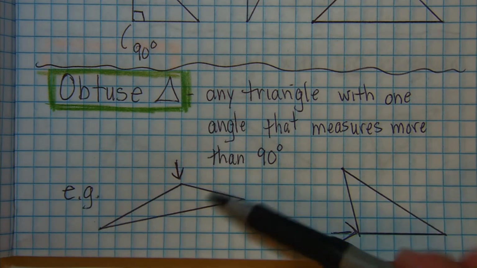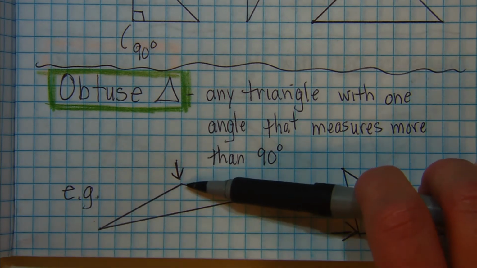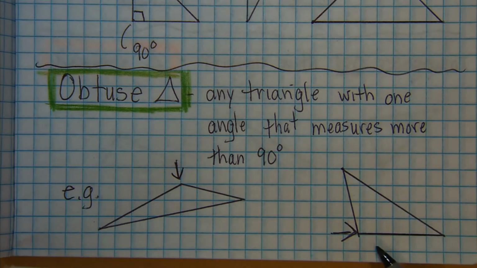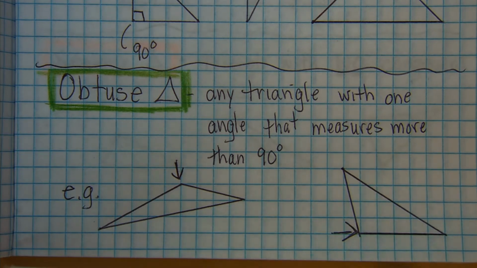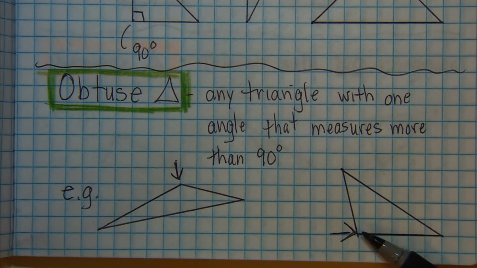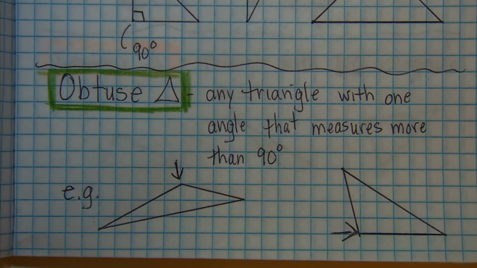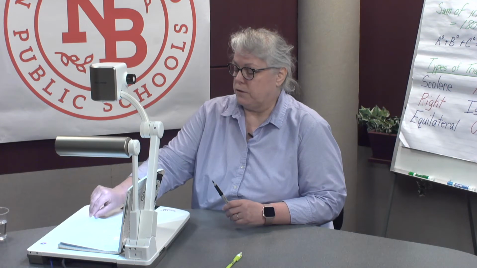The angle here is absolutely greater than 90 degrees, and the angle here is greater than 90 degrees. The other 2 angle measures do not matter. All that matters is that you have one angle that is greater than 90 degrees. And those are the triangles by angle.